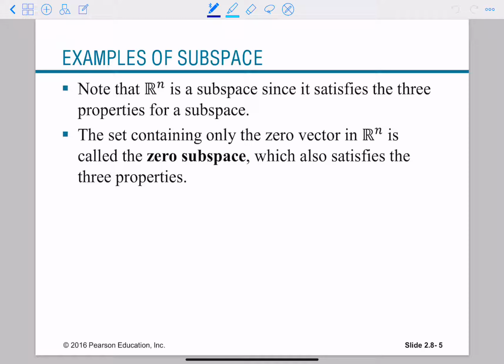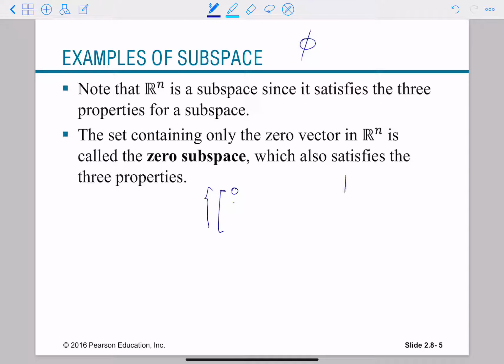Right? Then as a special case, there is a smallest subspace. We do not usually consider the empty set of vectors, because we have no vectors to choose from to consider their linear combinations, right? So we at least consider a set containing at least one vector, and the smallest vector set that satisfies this closedness under the linear combination is just the zero vector.